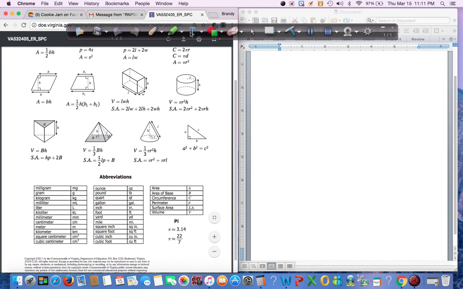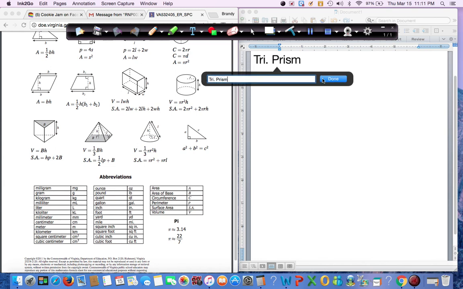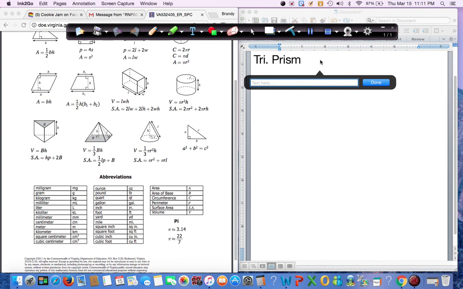I'm going to type in triangular prisms, and we have the surface area formula. That's this guy at the bottom. Surface area on all of our 3D shapes are at the bottom. So surface area is HP plus 2B.